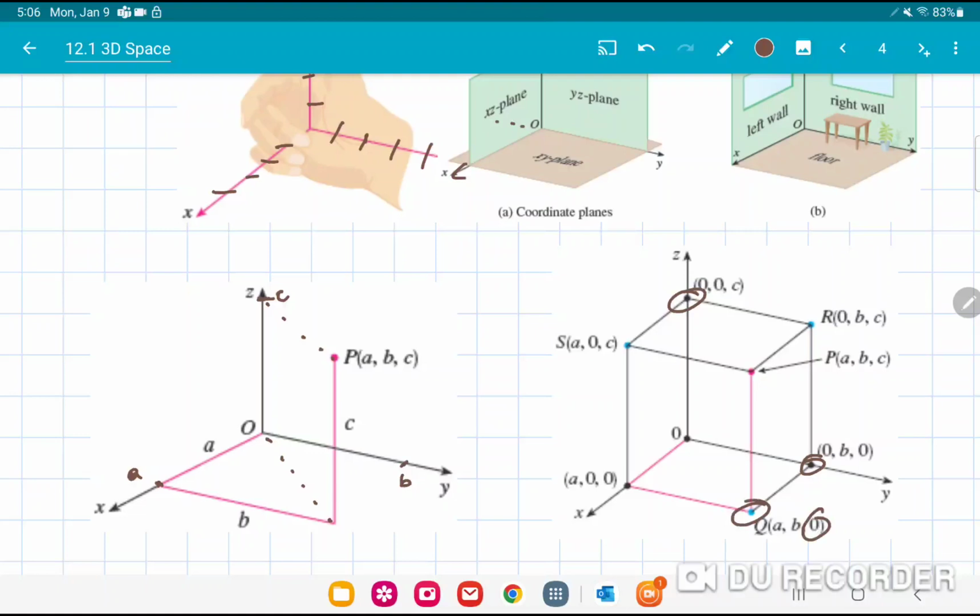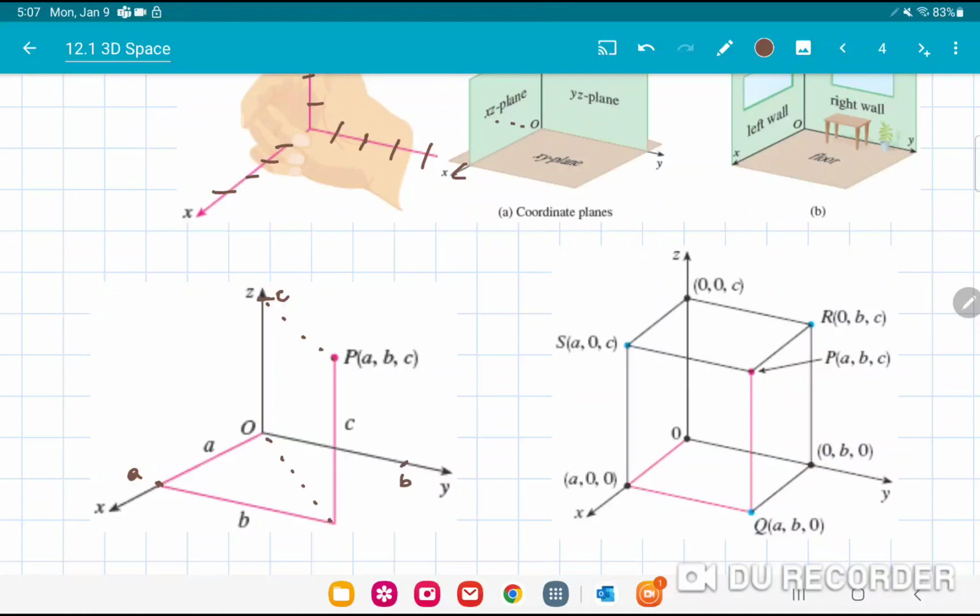It's on the xy plane, that's why the third component is 0. And this one is on the xz plane, so the y component is 0. And this one is on the yz plane, so the x component is 0. So that's what the A, B, C point looks like.